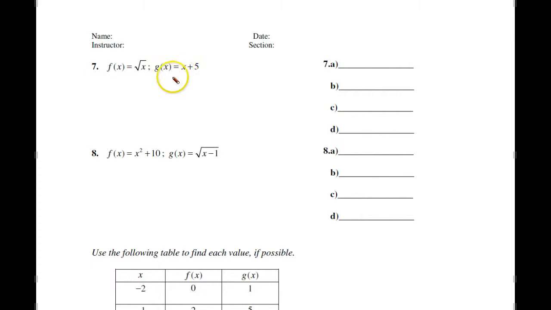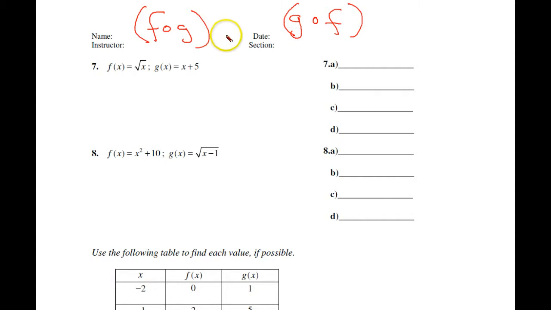Now, for number 7, again, we're following the same thing. It's f of g, and then later g of f. And we put a 1 there first, and then an x.